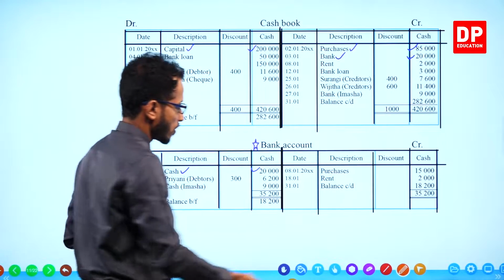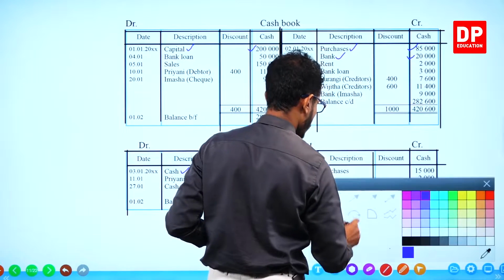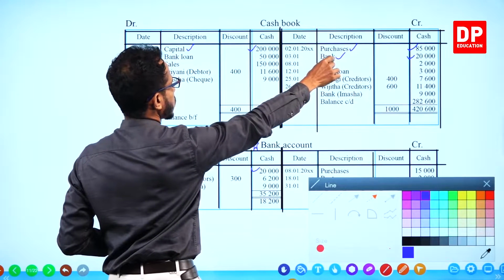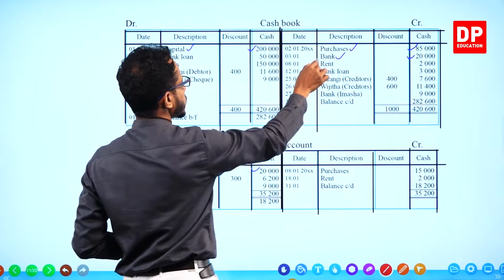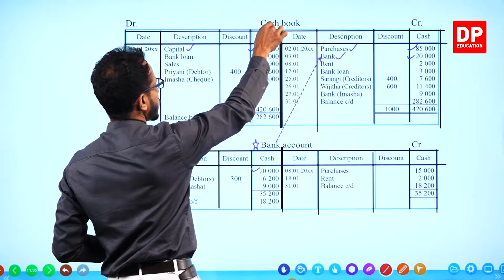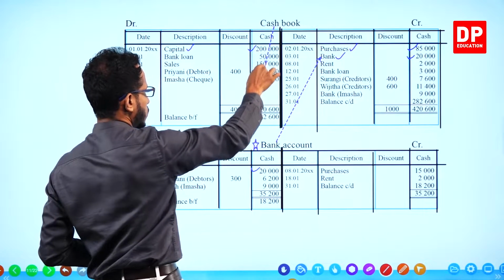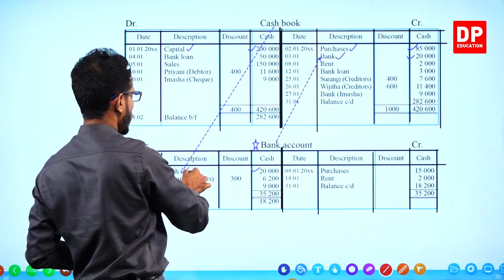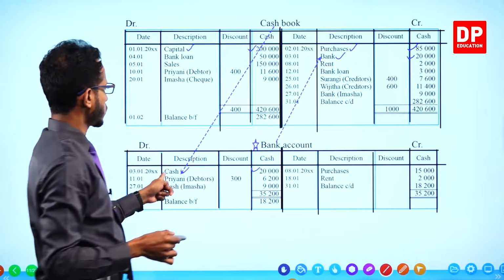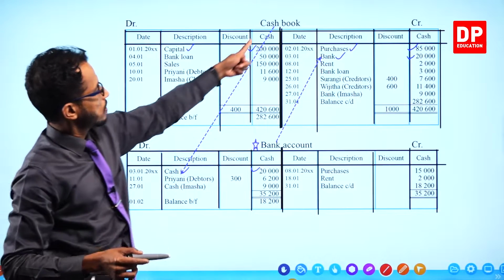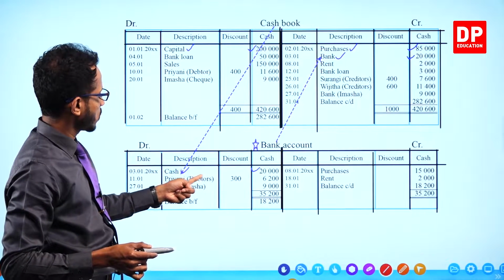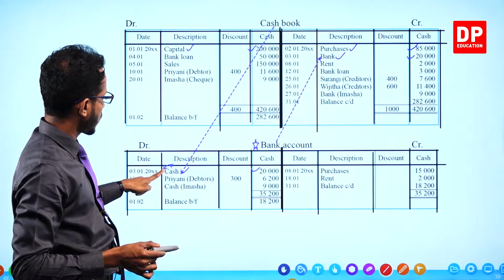Okay. Very simple. This name goes to this account. That account name comes to here, this account. Cash is the description of the bank account. Yeah, this account.